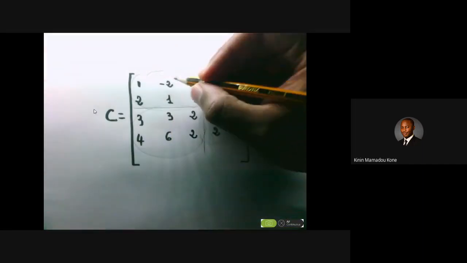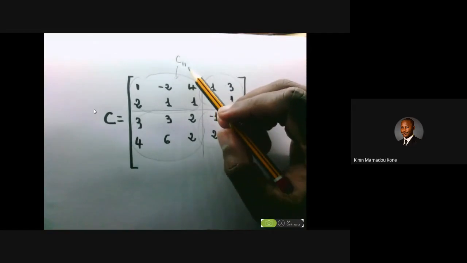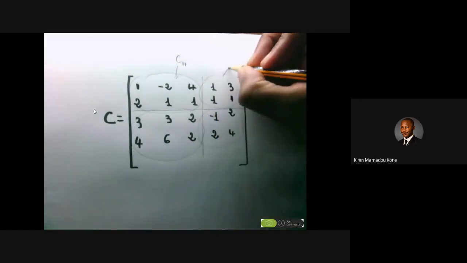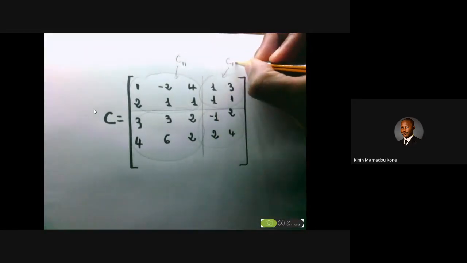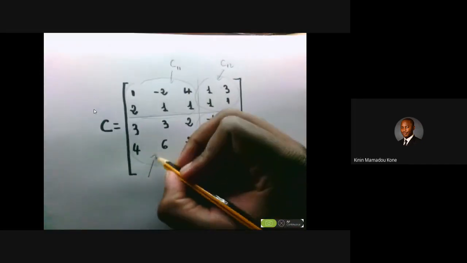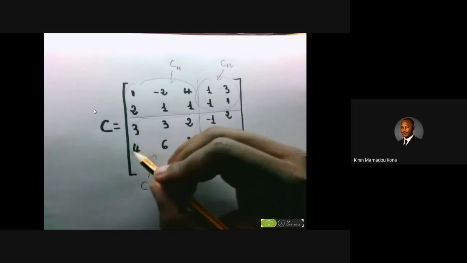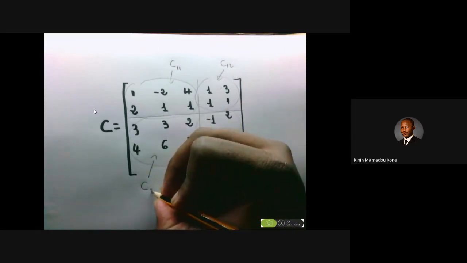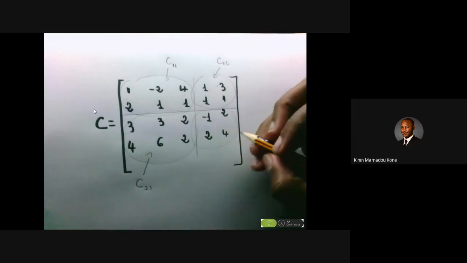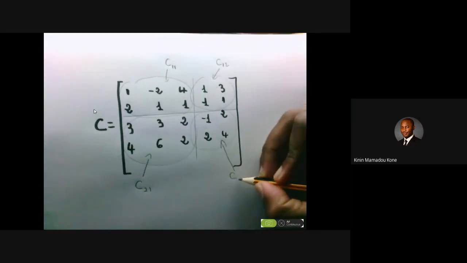Now this part we're going to name C sub 1 1. It's like a new matrix. This one is going to be called C sub 1 2, first row, second column. Then C sub 2 1, second row, first column. And this one over here is going to be C sub 2 2.